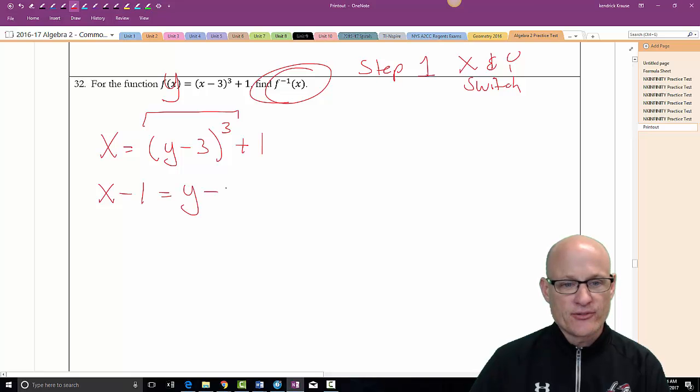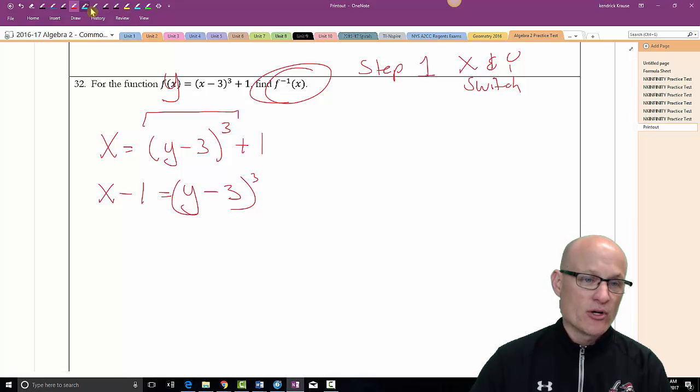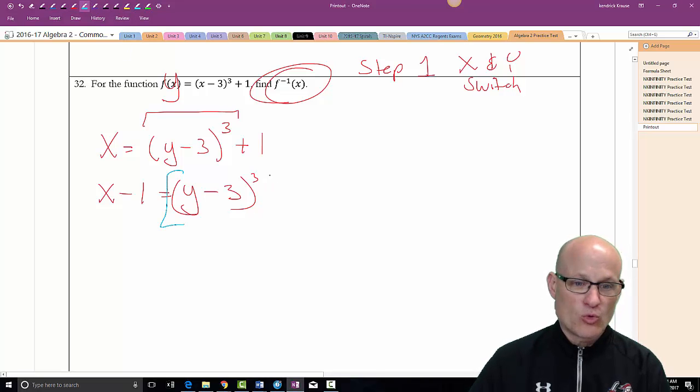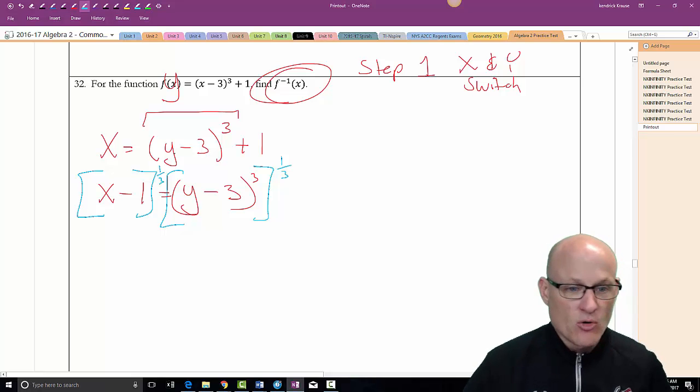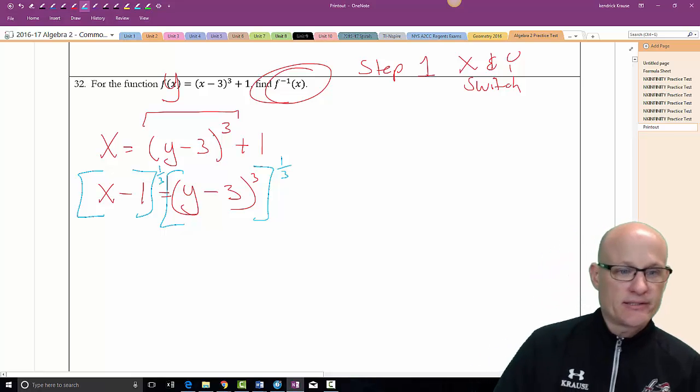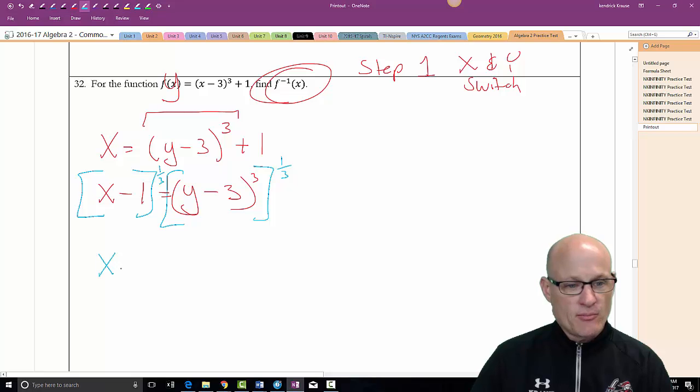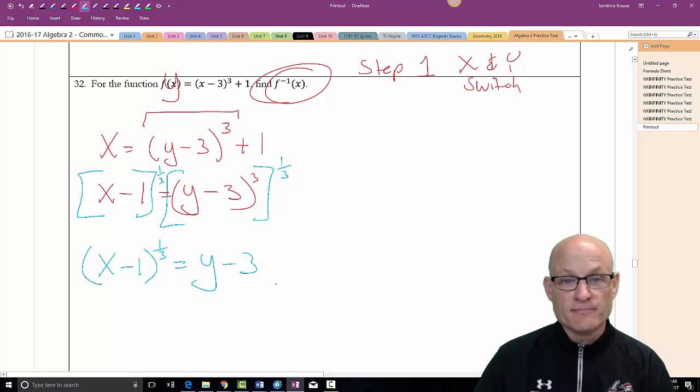y minus 3 cubed. Now, once again, in order to get rid of that cube, I'm going to raise it to the reciprocal, 1/3. So, how do I do that? Well, this is just x minus 1 to the 1/3 power is equal to y minus 3.